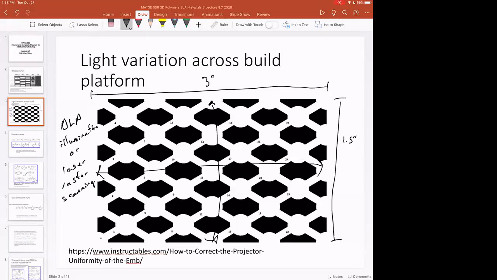So if you go to this Instructable here, which is by the Ember Group or Brian Adzema again, this shows you statistically how to map out the light intensity and how to map that back onto the working curve.